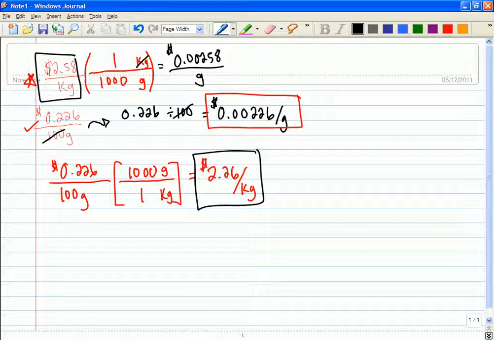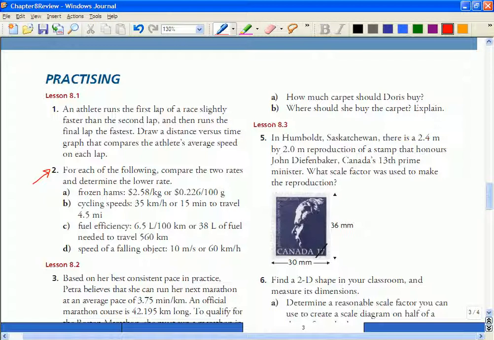Okay, so let's try another one just to jog your memory. Cycling speed is 35 kilometers an hour or 15 minutes to travel 4.5 miles. I'll give you the conversions here, see how we can do.